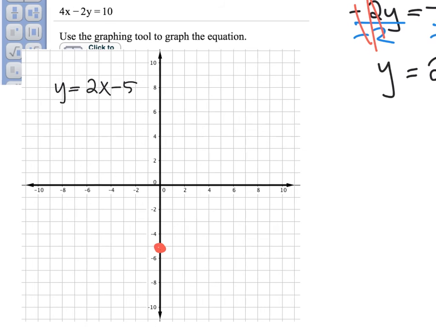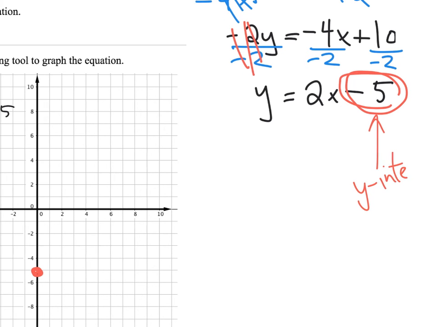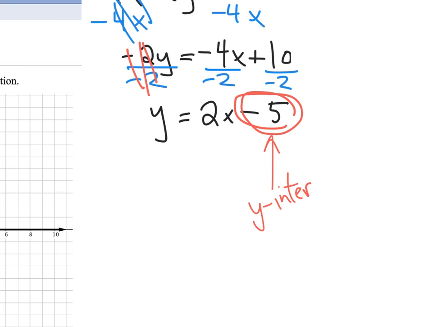And then, so that's your y-intercept. We call it your y-intercept.